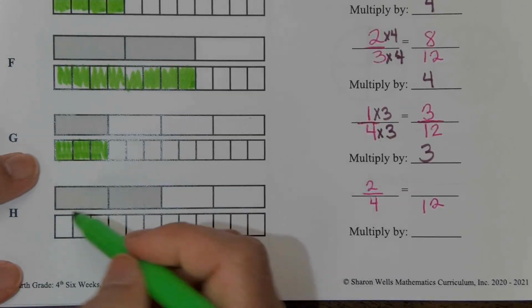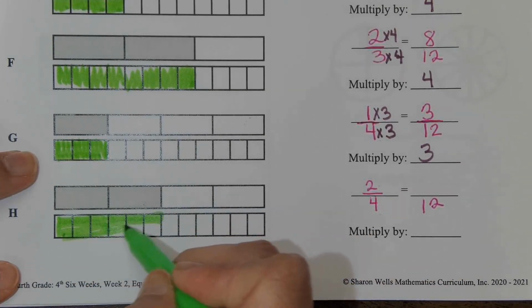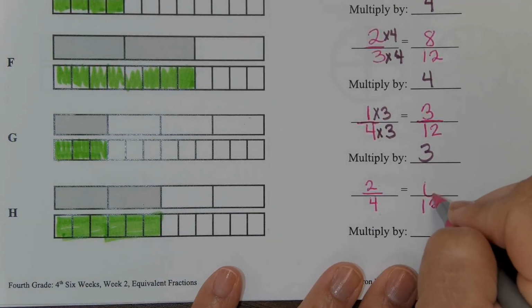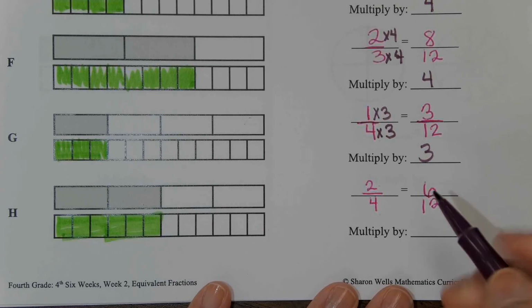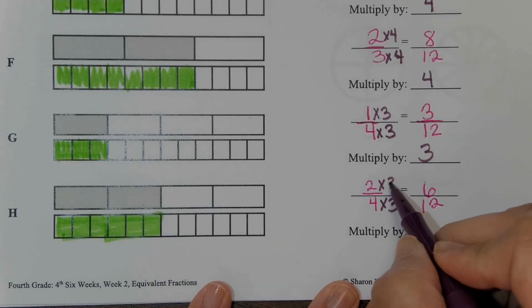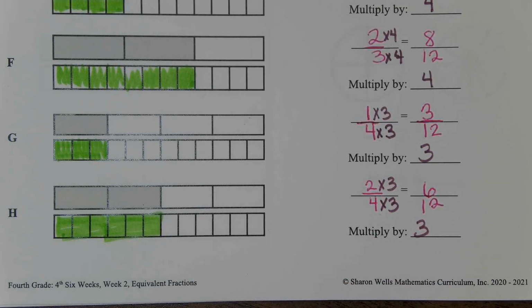I have to shade in 3, 6. 6 out of 12. So 4 times what equals 12? Well, 4 times 3 equals 12. 2 times 3 equals 6. I have to multiply by 3 to show it mathematically.